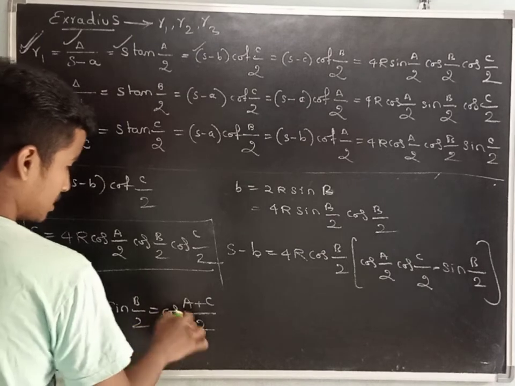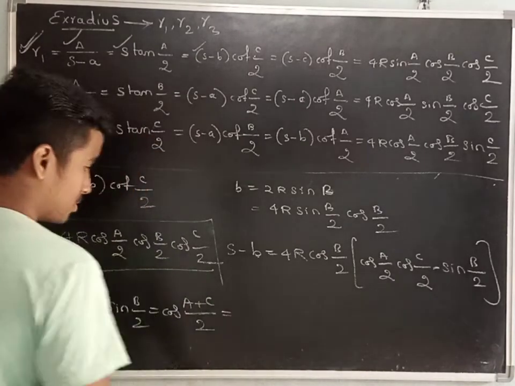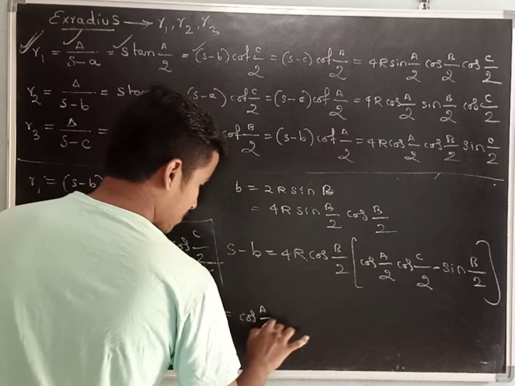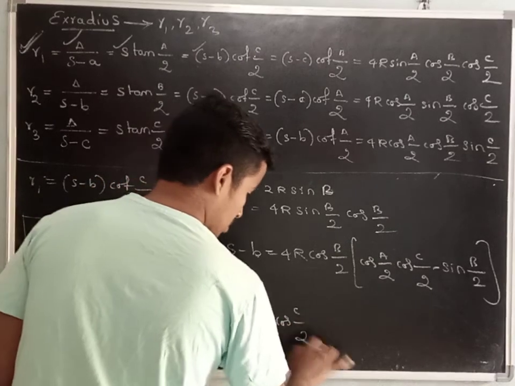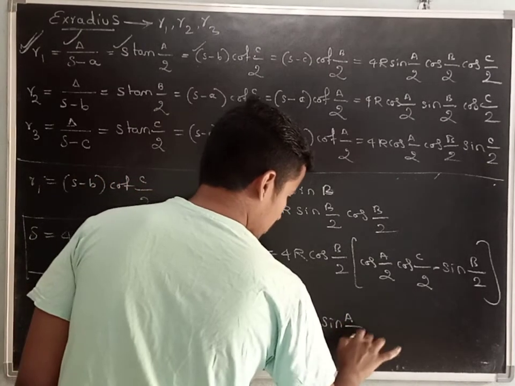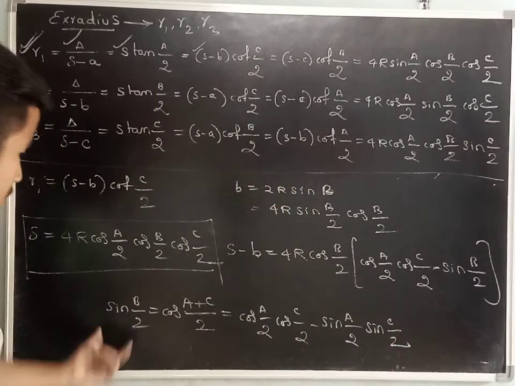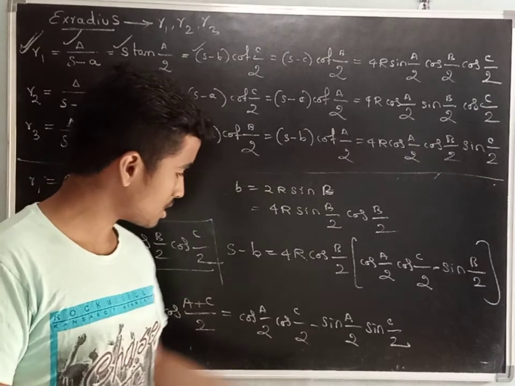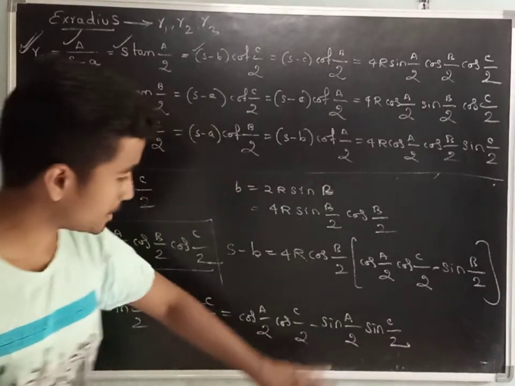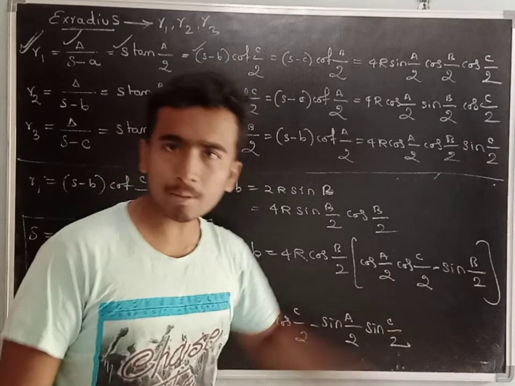Sin b by 2 is nothing but cos of a plus c by 2, which is nothing but cos a by 2 into cos c by 2 minus sin a by 2 into sin c by 2. Substituting sin b by 2 as cos a by 2 cos c by 2 minus sin a by 2 sin c by 2, let me substitute this instead of sin b by 2.